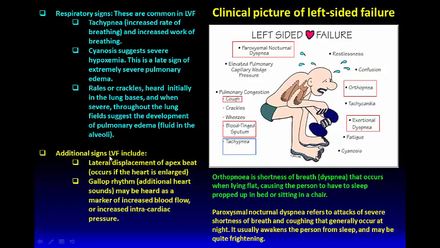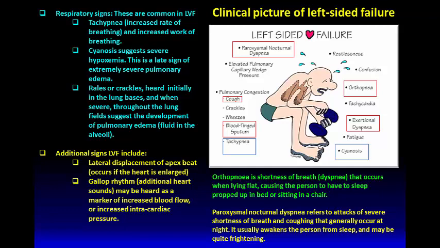Other signs of left-sided failure include lateral displacement of the apex beat as a result of enlargement of the heart because of left ventricular dilatation or hypertrophy, and a gallop rhythm, an additional heart sound, a third heart sound, might be heard when we auscultate the heart. A gallop sounds like this.